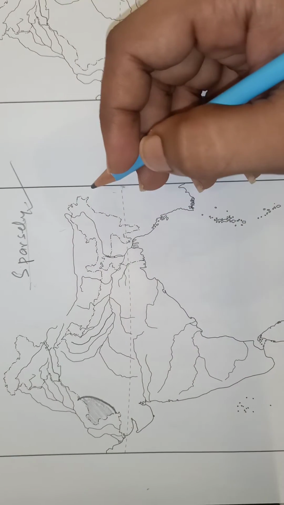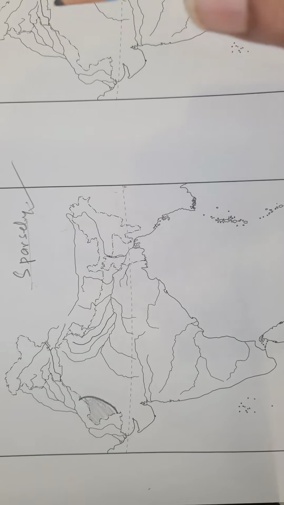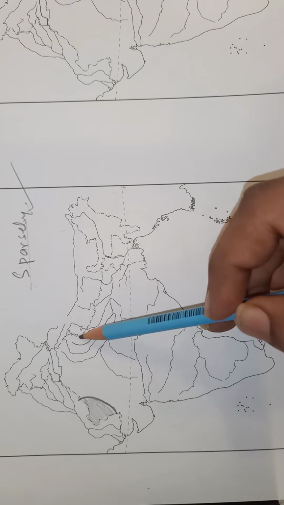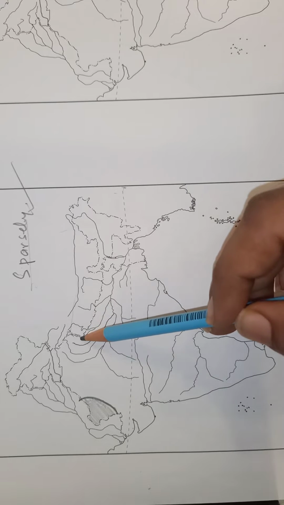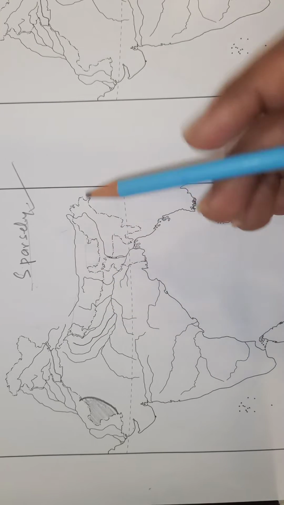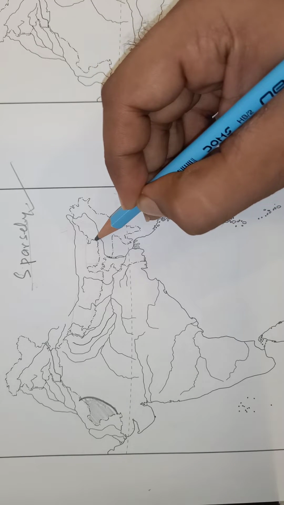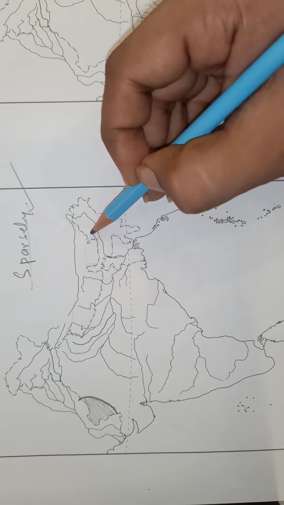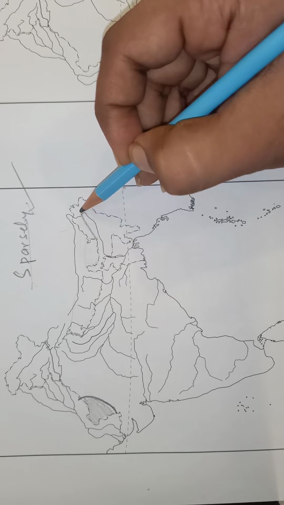So in the east we have Arunachal Pradesh. From where does Arunachal Pradesh start? Keep in mind this area is Nepal, this is Bhutan, and from the edge of Bhutan you have to go straight and then take a curve.